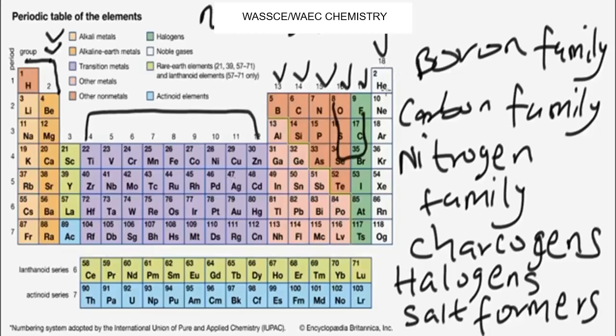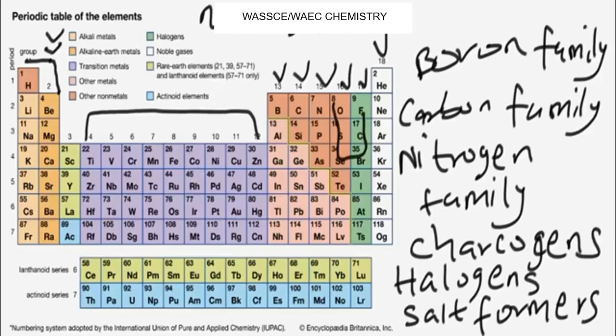Even the inert gases are non-metals. Whereas when you talk about metalloids, typical examples are boron and silicon. So boron and silicon are considered metalloids or semi-metals. Note again that aluminium is a metal. It is found in group 3, and it's also a metal.